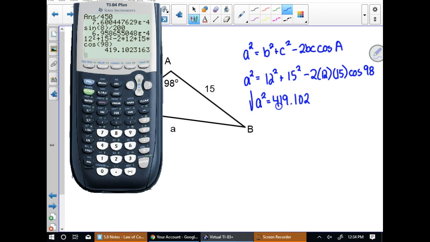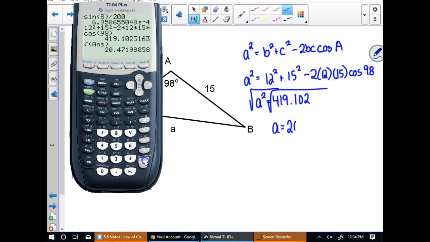Square root. So you want to square root this number. So you can do second square root and do second negative to get the answer so you don't have to round off. And hit enter. And so we'll get A equals 20.472. Does that seem reasonable? Yes, that's much better.